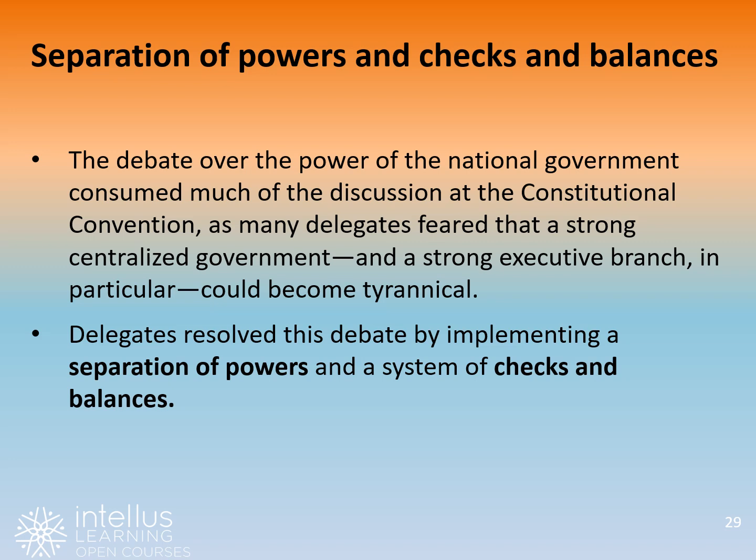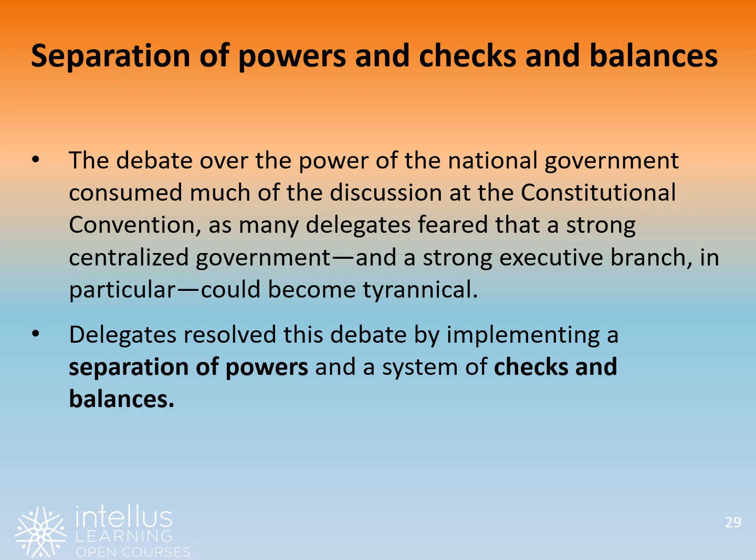That did not end the debate around power and checks and balances. So the debate over the power of the national government consumed much of the discussion at the Constitutional Convention, as many delegates feared that a strong centralized government and a strong executive branch in particular could become tyrannical.